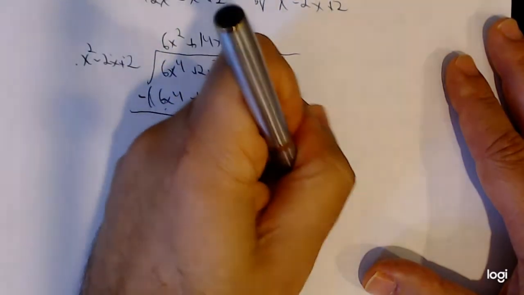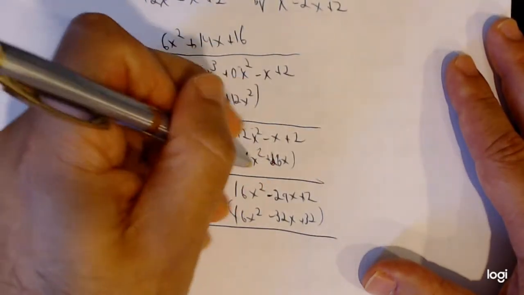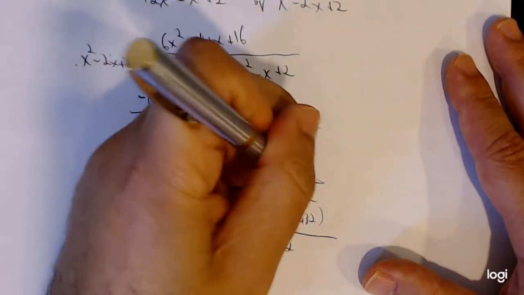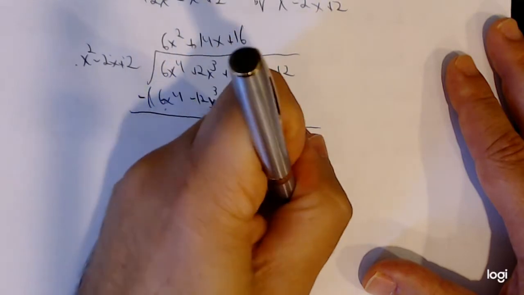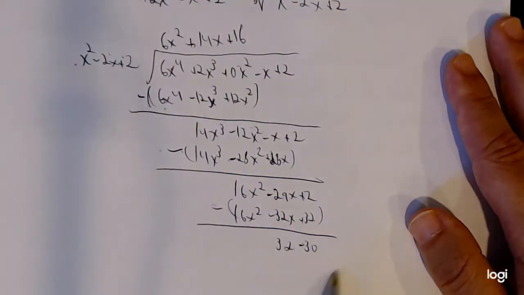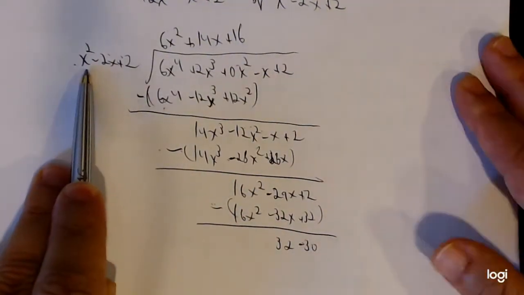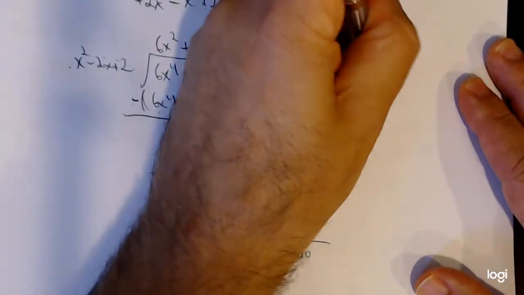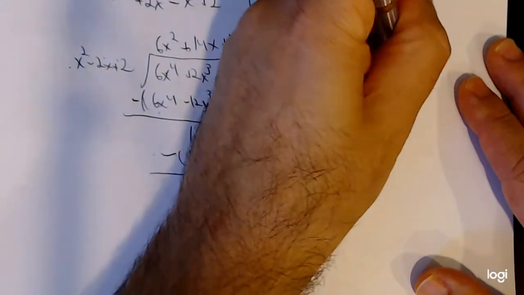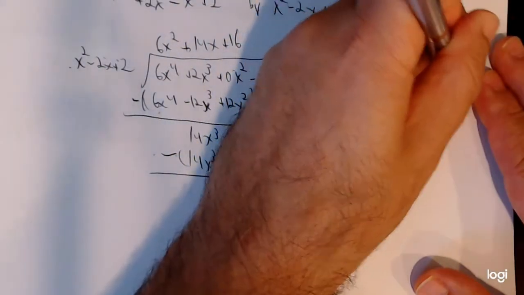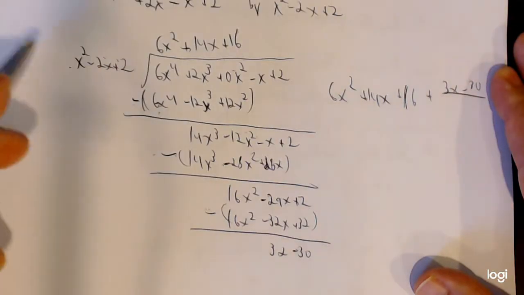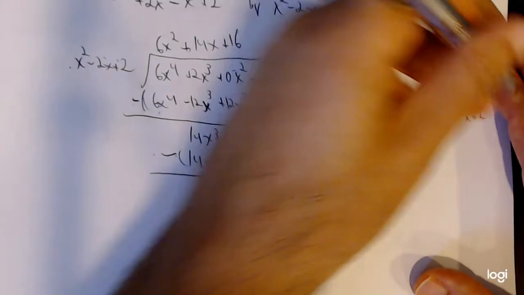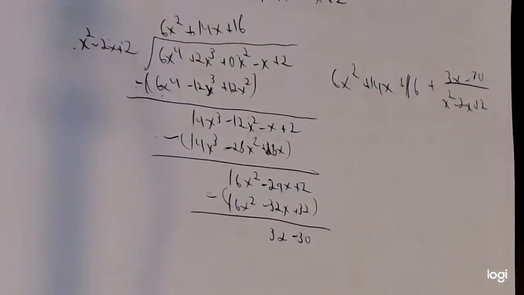And then if I subtract them, this becomes negative 29x plus 32x, which is 3x. 2 minus 32 is negative 30. And that's my remainder because this is 3x, that's x squared, so I can't go any further. So this just becomes 6x squared plus 14x plus 16, plus (3x minus 30) all over (x squared minus 2x plus 2). Okay, so that's using long division.